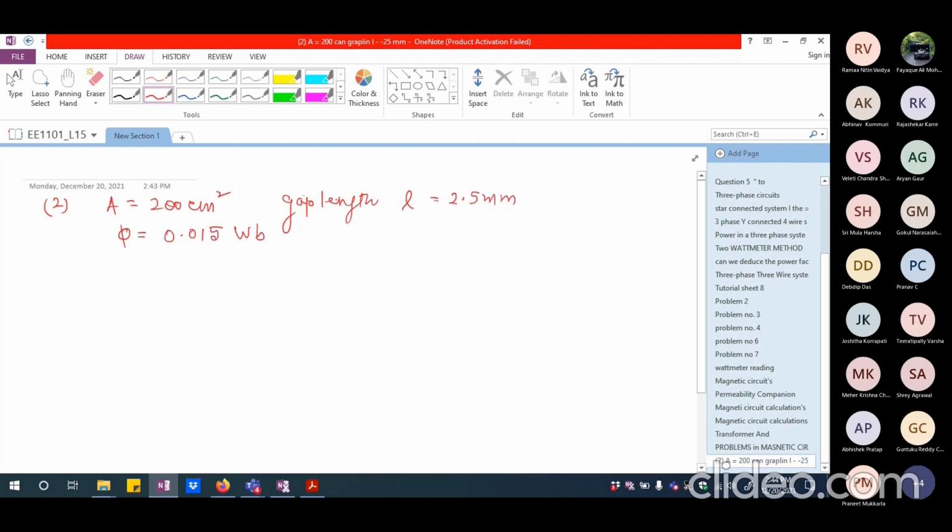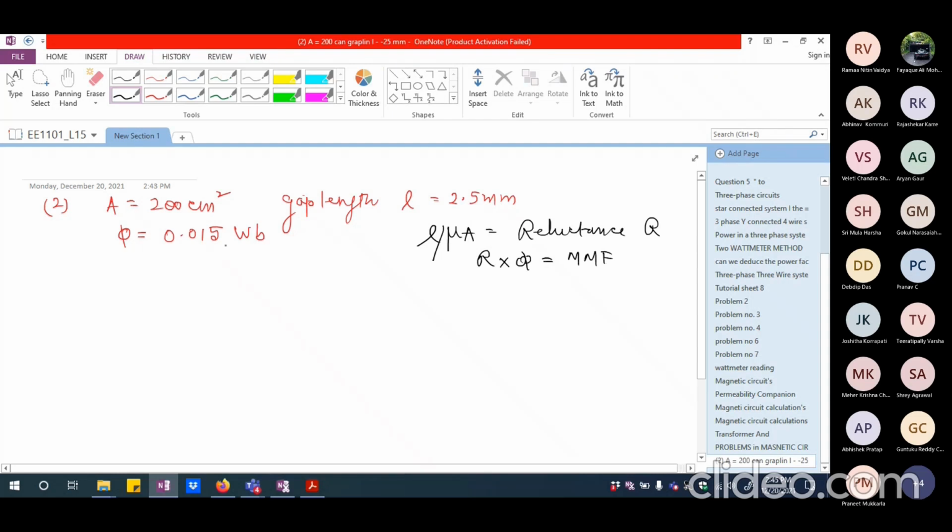This is what is given. So you can directly calculate B and do it that way. Or you can calculate L by mu A, that is the reluctance, and R multiplied by phi is MMF. That is also fine.